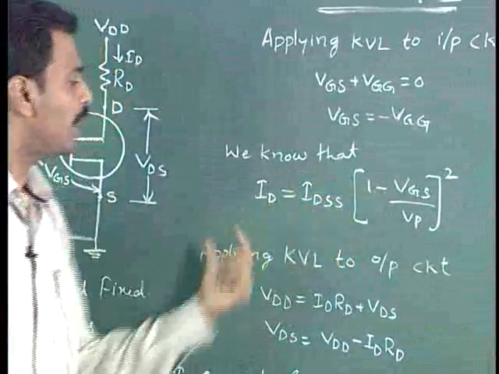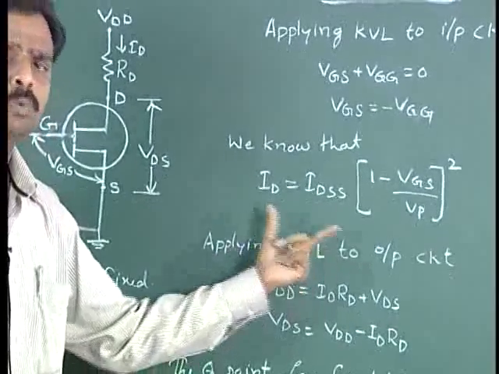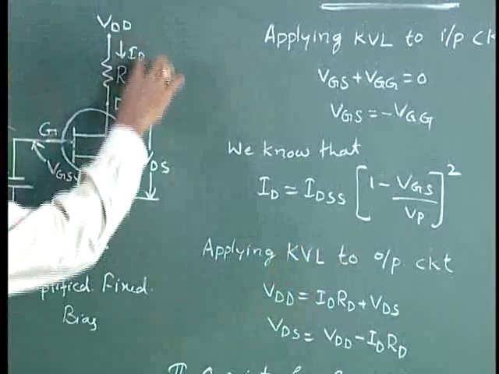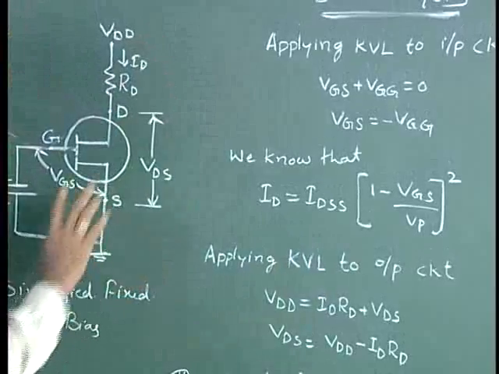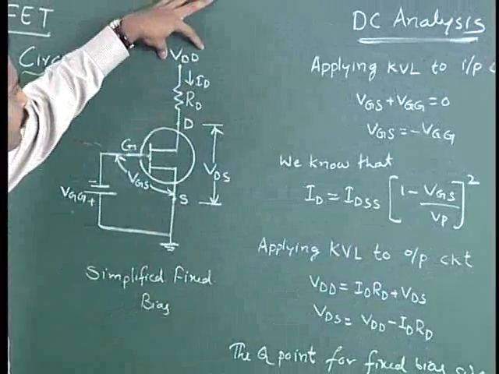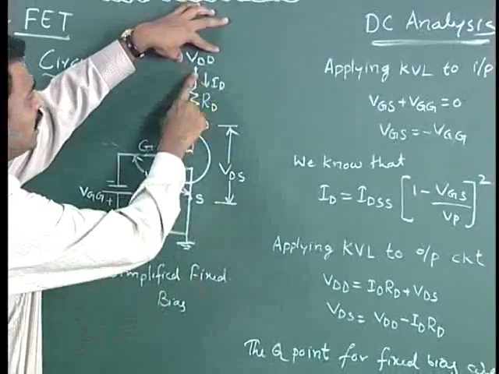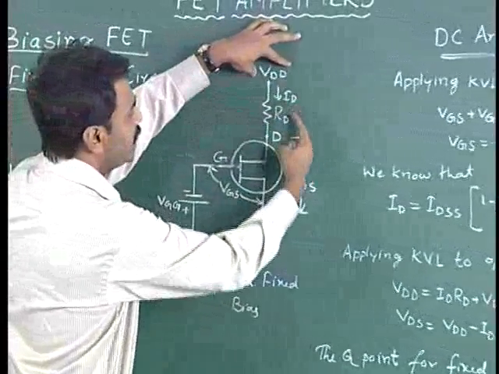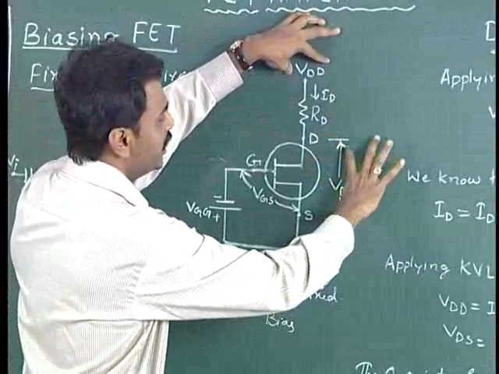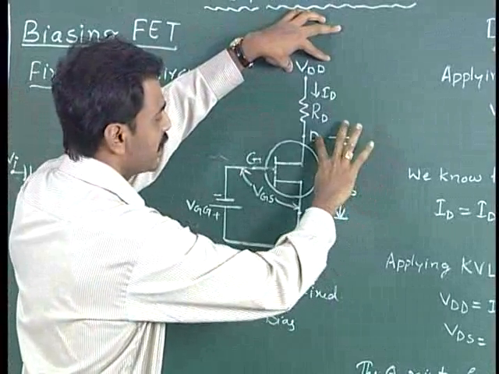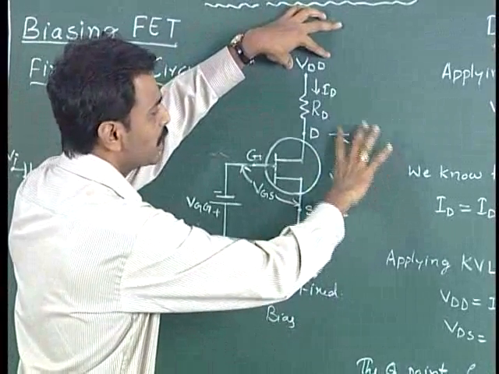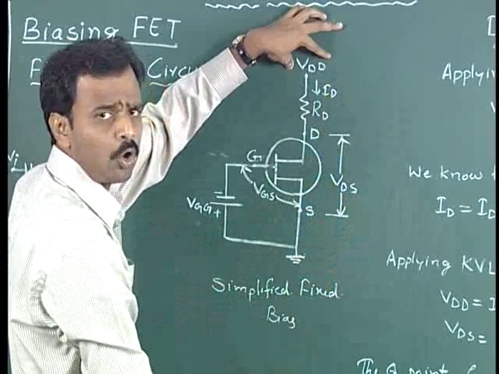Now applying KVL to the output of the circuit is very easy, where VDD will be equal to the sum of all the voltage drops here. VDD is equal to ID RD plus VDS, where VDS is the voltage across the drain and source. This is the loop equation for the output of the circuit.